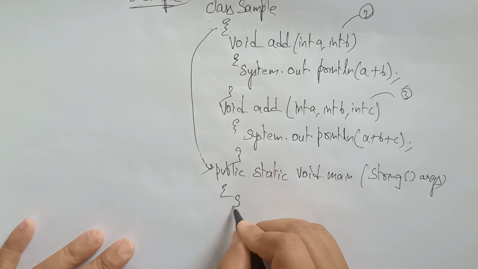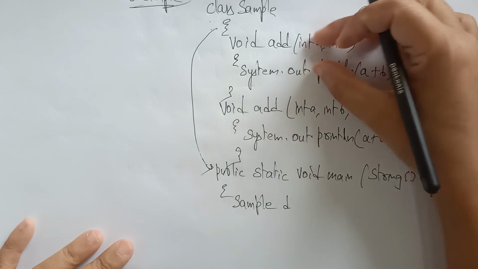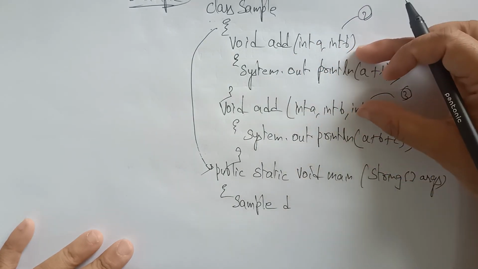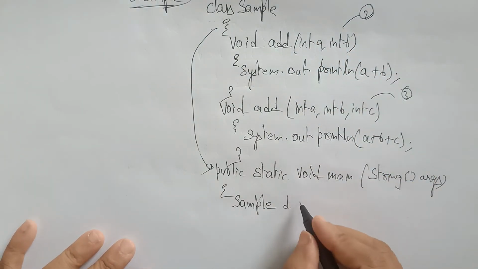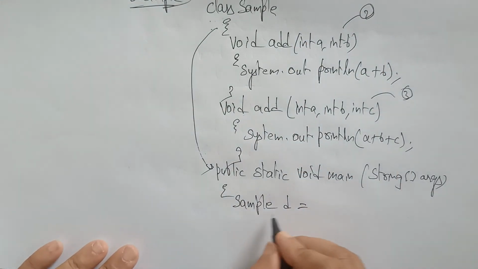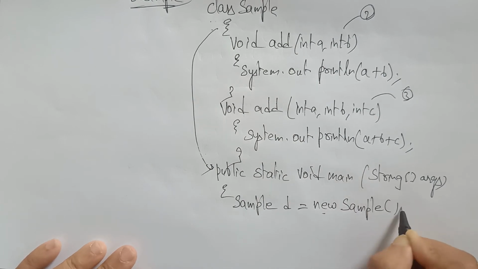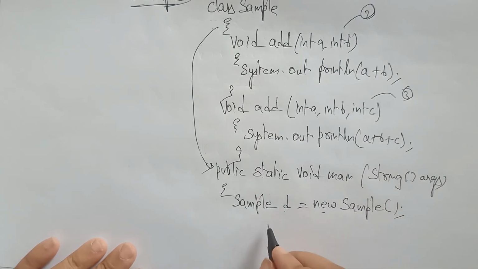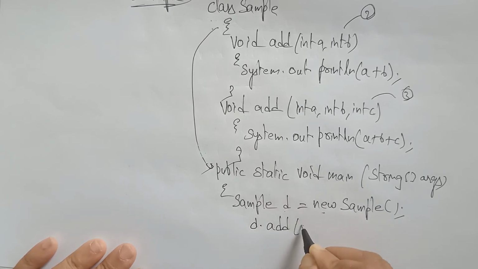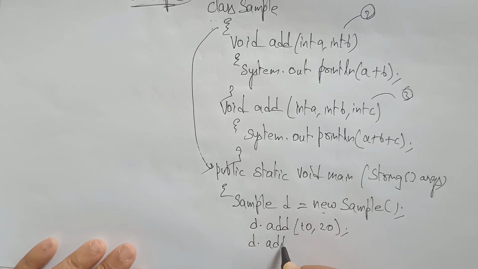First I am creating an object, because I want to access the instance methods. If you want to access the methods, you have to create an object. By using an object or an object reference, you can access this method. Sample d is equal to new Sample. So an object reference d is created. Now d.add(10, 20), and d.add(10, 20, 30).